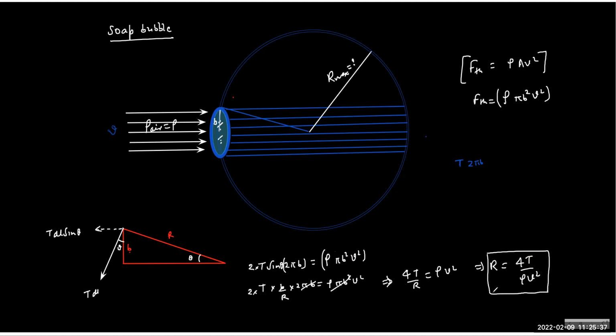Okay. So we are done with the variety of problems of surface tension. Imagine if I give you an ice cube, and that ice cube is converted into liquid at 0 degrees Celsius.